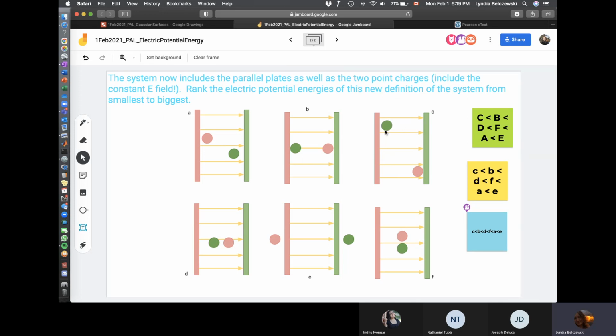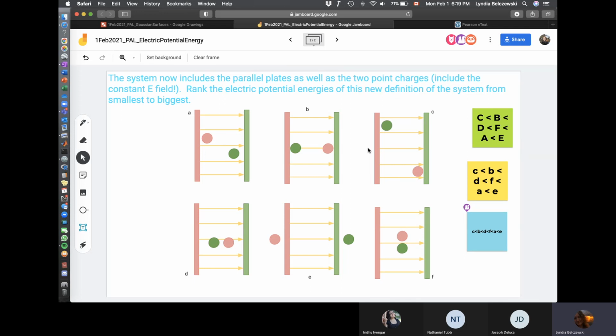So this system would actually have quite a significant potential energy between these point charges. It's a good way of explaining it. I guess you'd say that if you were to place these charges in the capacitor here and let them go, they wouldn't just sit there. What would happen is that the green charge would move down on the screen. The pink charge would move up on the screen so that these point charges could be closer together.